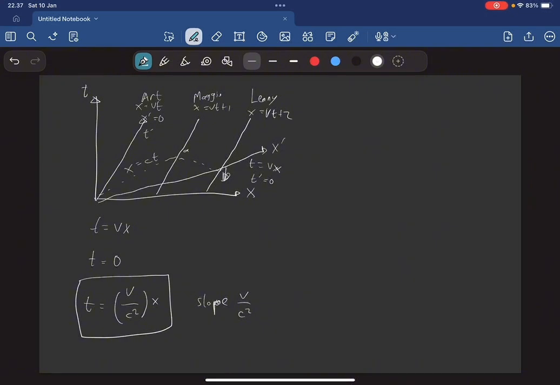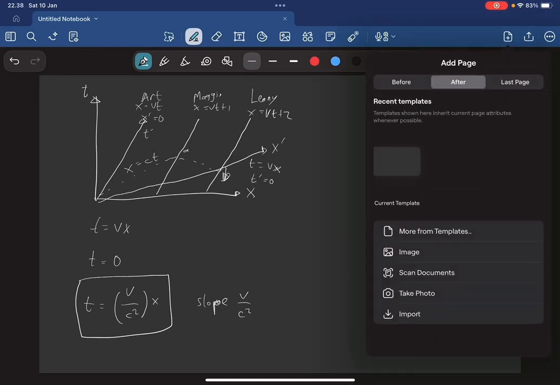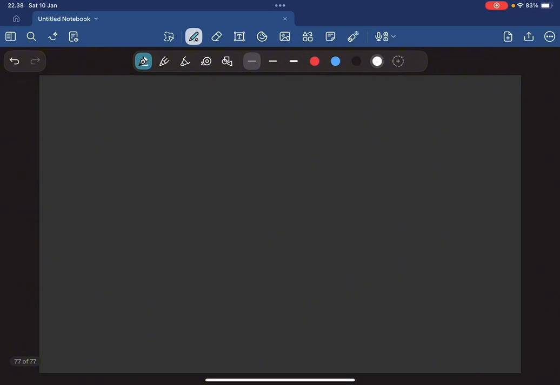Let's simplify our diagram and keep only the features we will need going forward. So, this is the simplified diagram. Sorry, maybe I need to draw it. This is t, x.